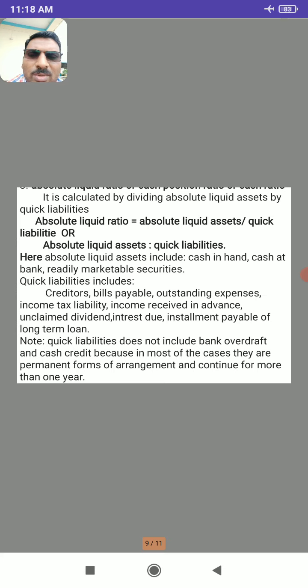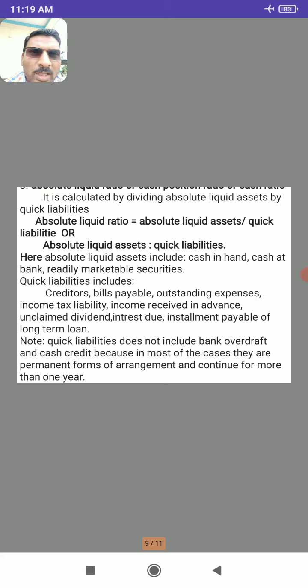Quick liabilities include creditors, bills payable, outstanding expenses, income tax liability, income received in advance, unclaimed dividend, interest due, and installment payable of long-term loan. One important note is given: quick liabilities do not include bank overdraft and cash credit, because they will continue for more than 1 year.